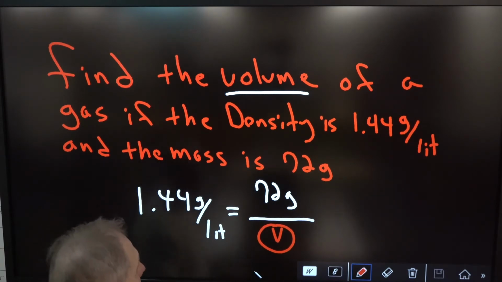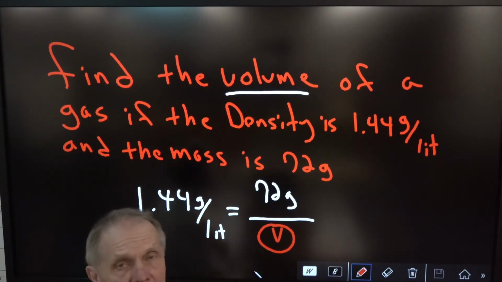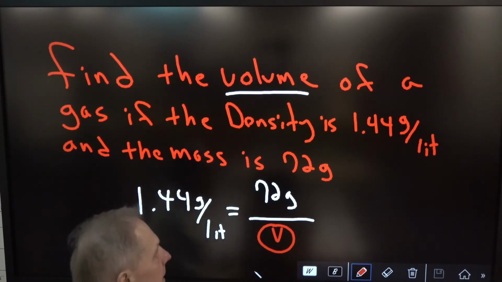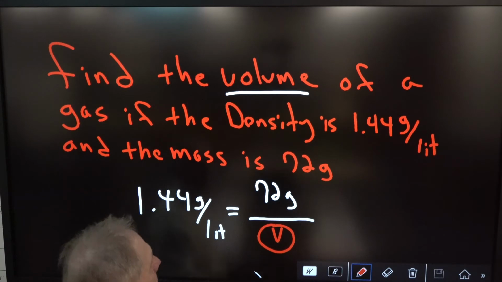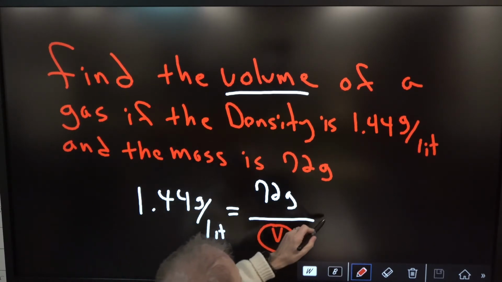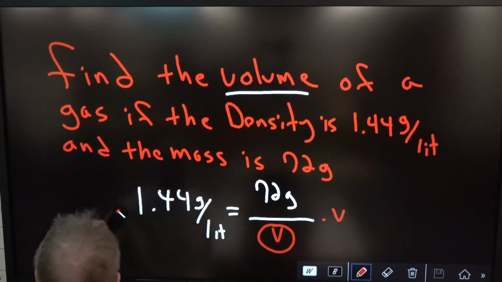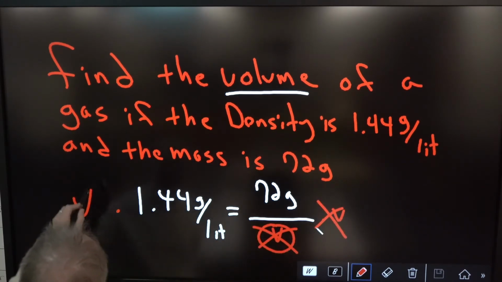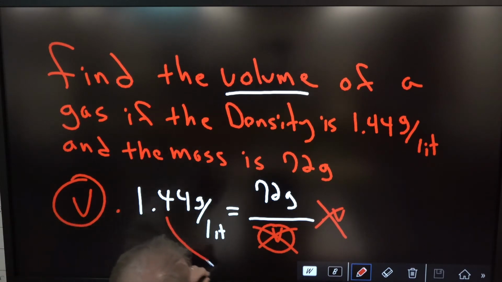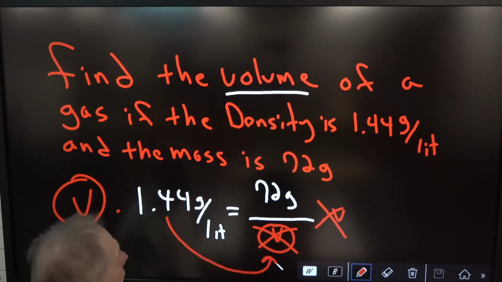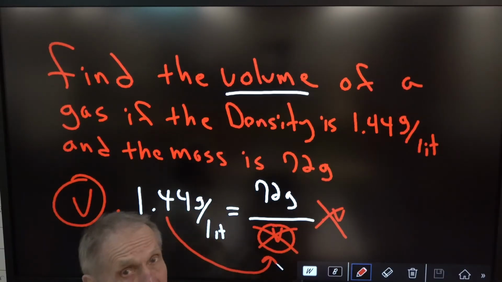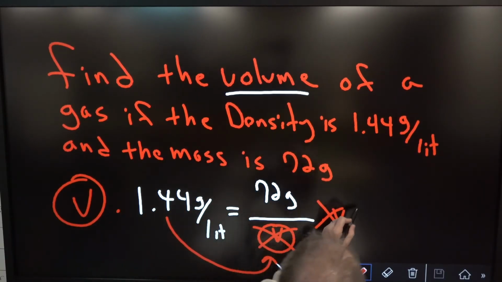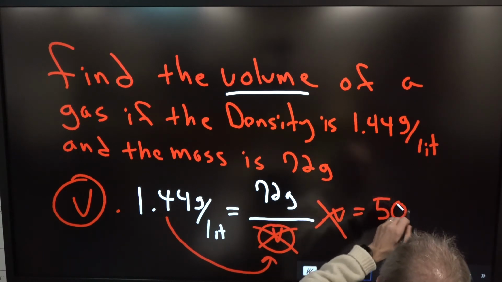And for some reason, students have a hard time trying to figure out how to get the unknown out of the denominator. Okay? So the quick way, you multiply both sides by V, and then this V cancels out, and you want to get V by itself, so you slide the density underneath. So this would be 72 divided by 1.44. And that would come out to be 50 liters.